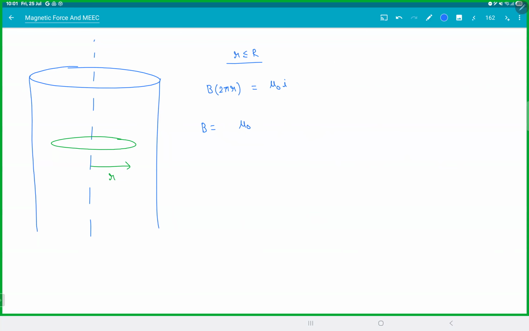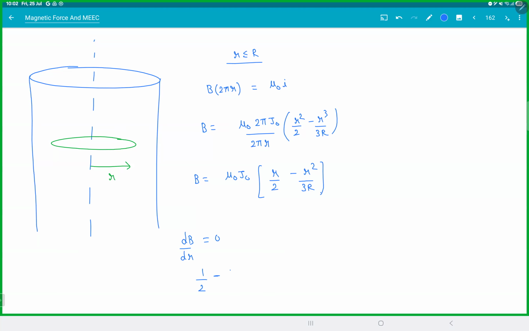Mu naught I will be 2 pi J naught (r square by 2 minus r cube by 3R), divided by 2 pi small r. If I do maximum minima here, dB by dr equal to 0, I'll get half minus 2r by 3R is equal to 0. We get r is equal to 3R by 4. So this function will peak at 3R by 4.